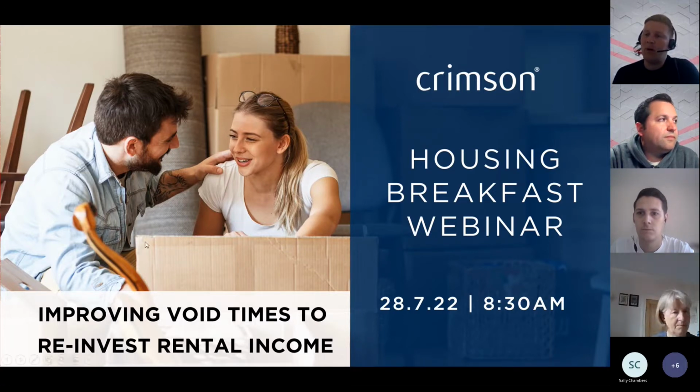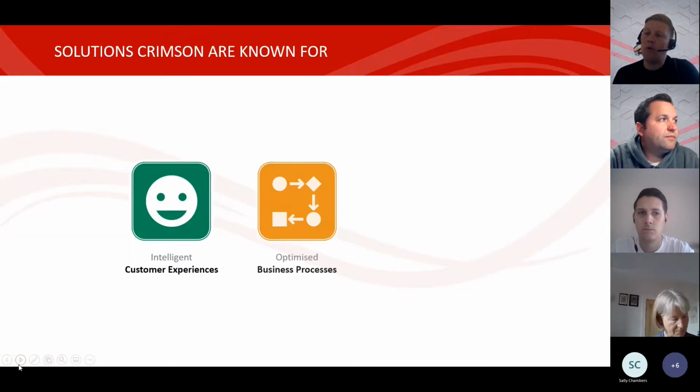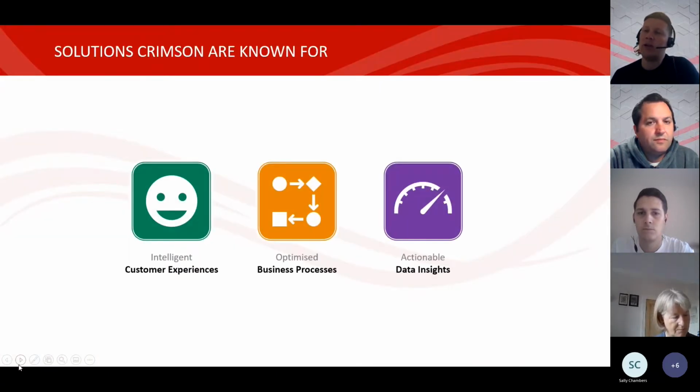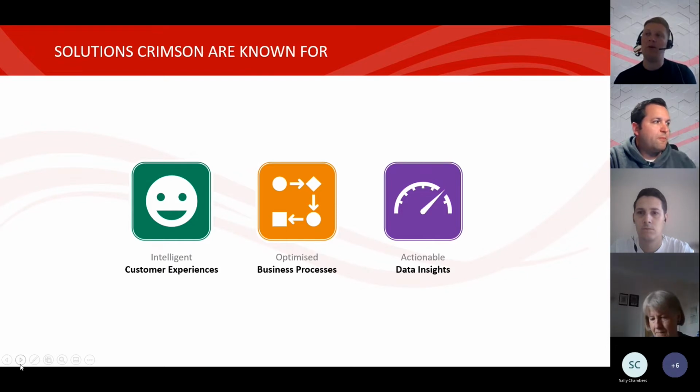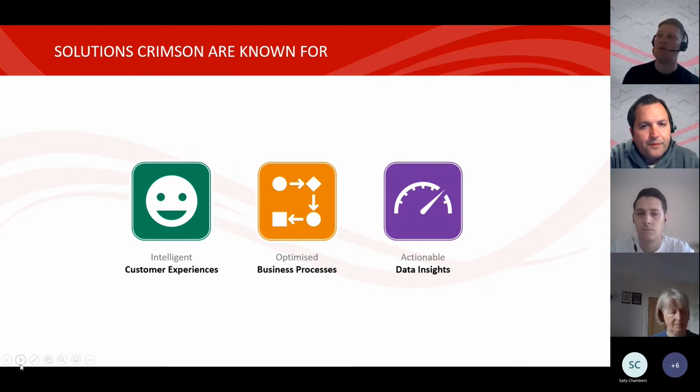Just going into a little bit about what we do as Crimson. Some of you, as I say, will already know us, but typically we work with Microsoft technology as a Microsoft Gold partner to enable organizations to realize the benefits from it, whether that's helping intelligent customer experiences, so working with housing associations to manage their customer journey and using the Power Platform and Dynamics 365 to do so, across contact center, customer services, right the way through to housing operations and the repairs teams.